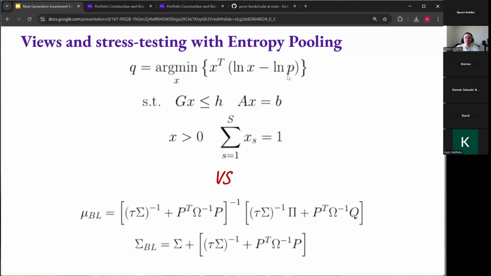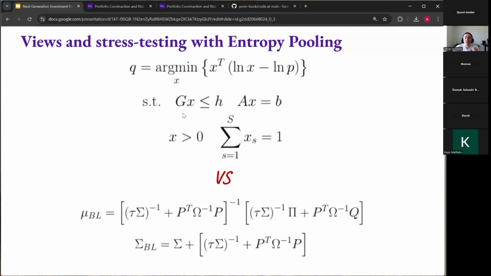And if you have uniform prior probabilities, then relative entropy minimization actually corresponds to entropy maximization. So sometimes if you read about the maximum entropy principle, it's the same thing with uniform probabilities. Once the probabilities are non-uniform, then you must do relative entropy minimization. Since these variables X that we optimize over correspond to scenario probabilities, we must require that they are positive and that they sum to 1.